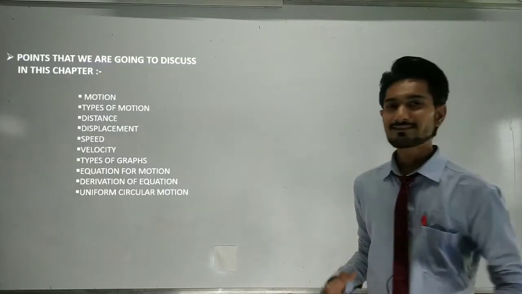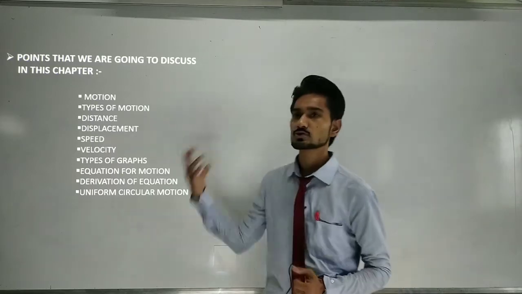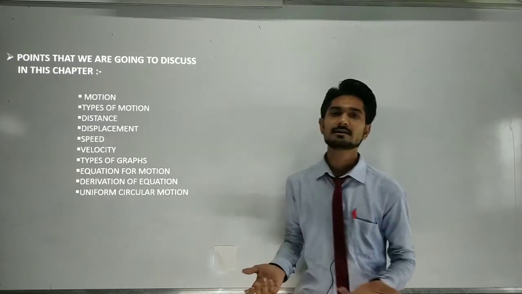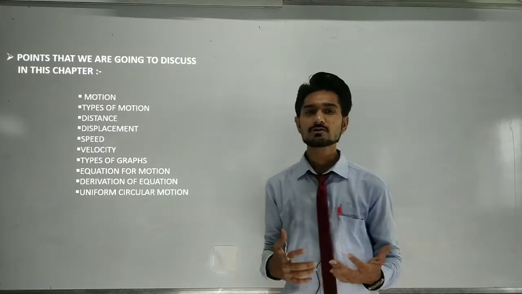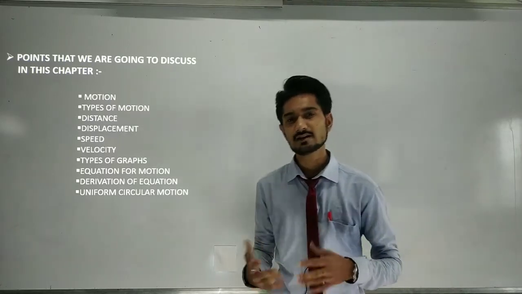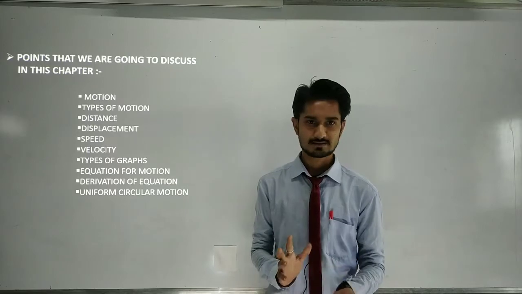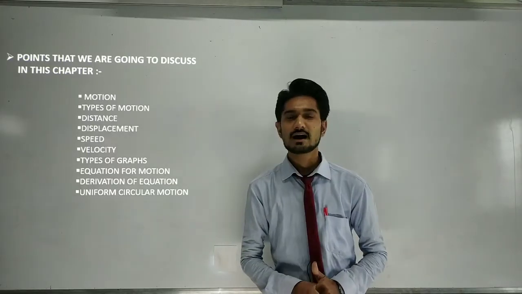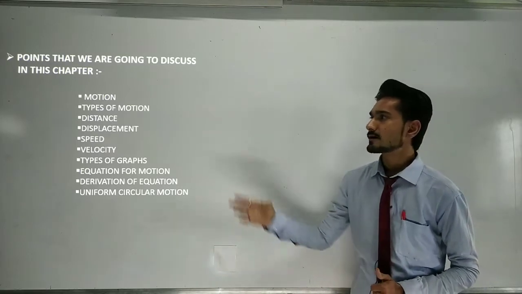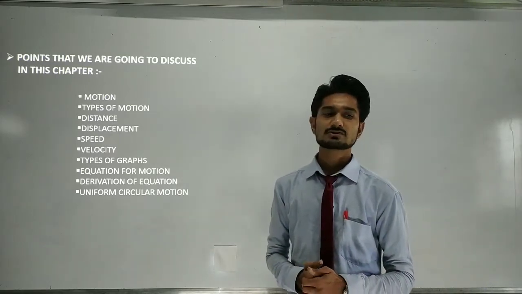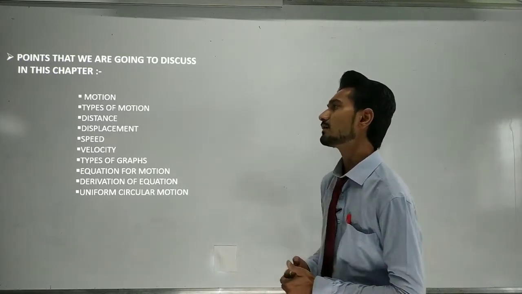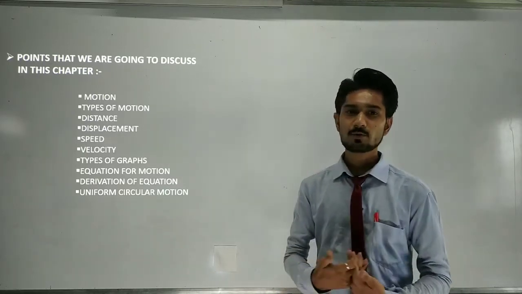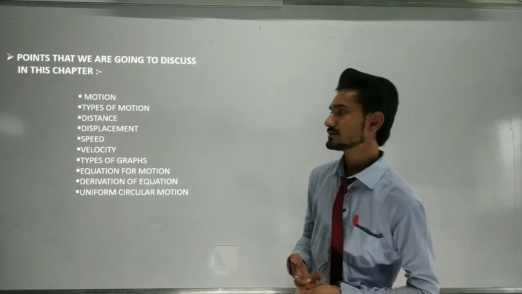So far we have studied what motion is. We have seen that if a body is moving across any point, that movement can be defined as motion. Afterwards we saw the types of motion: uniform motion and non-uniform motion.